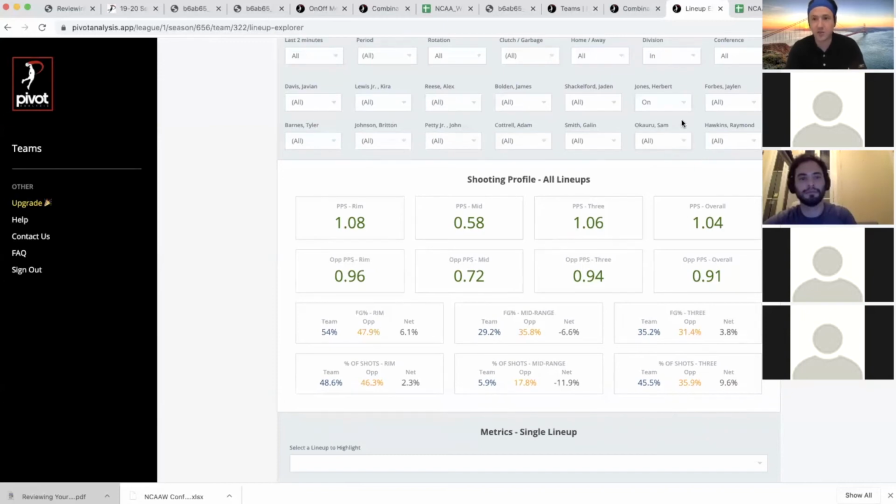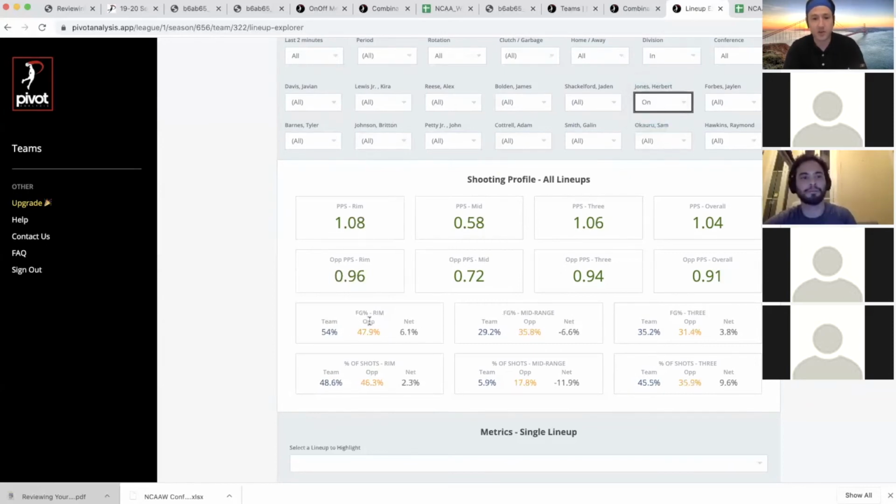And so in this case, when he's on the floor, the offense really isn't impacted at all. 1.04 is overall, and it's the same with him on the floor, but the defense is where he starts to make an impact. So drilling into what's happening there.